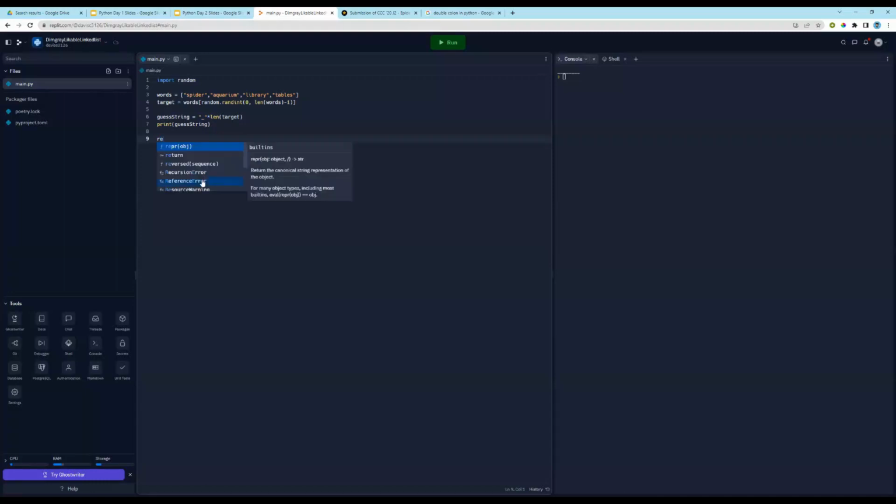So basically, we have a remaining letters number, which should be the length of the target. So at the beginning, let's say if it's aquarium, we'll have 8 remaining letters to guess from. And then how many remaining guesses do you have?